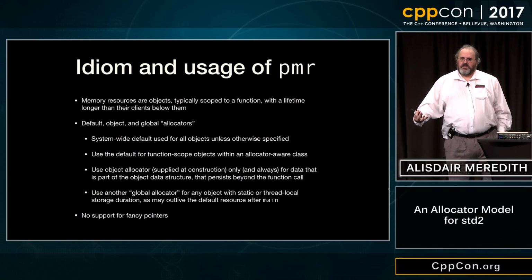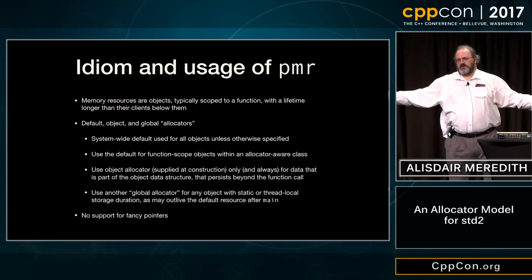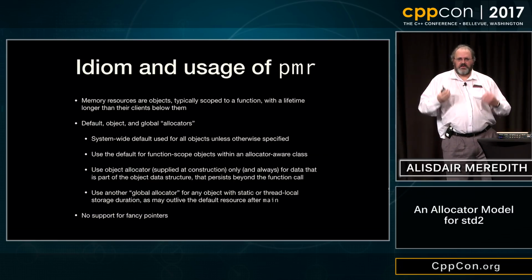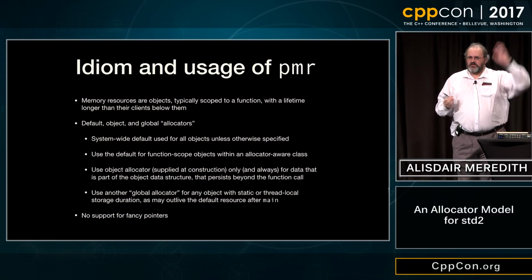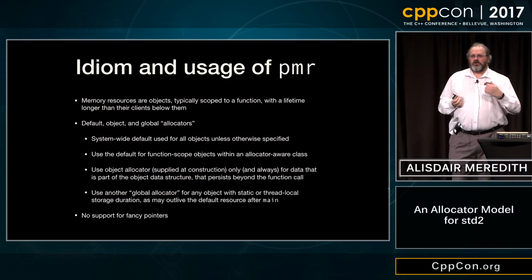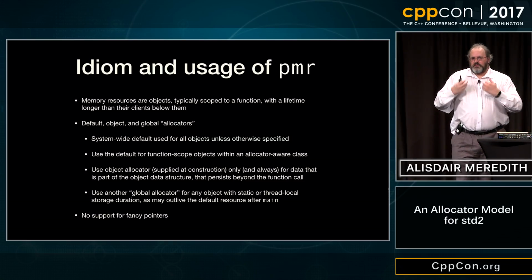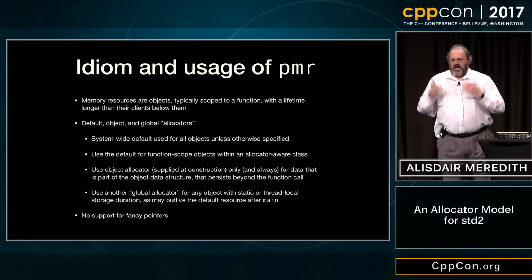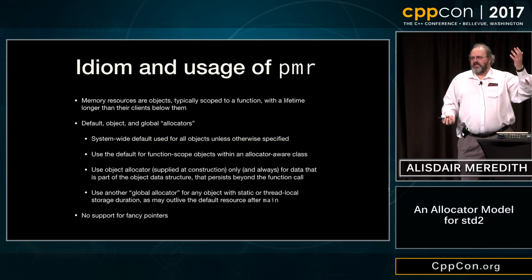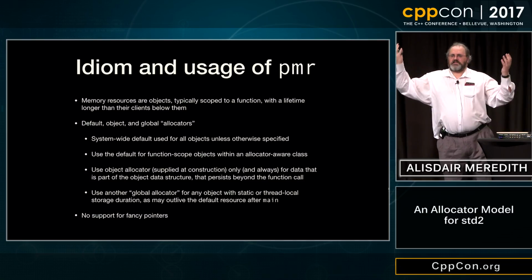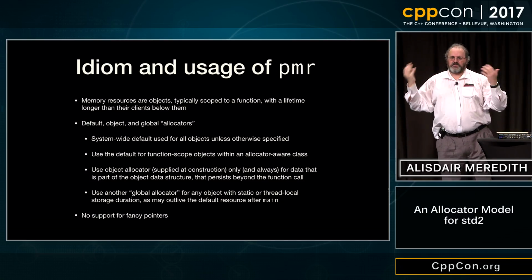The notion of the object allocator matters in the context of I now have an object that's managing memory. I'm owning and managing a data structure. The object allocator is the allocator I'm going to use to allocate nodes, allocate buffers, things that are going to persist beyond a member function call. And the idiom is, if someone invokes a member function, and I have to ask the question, which allocator should I use? I've got the default allocator, or I've got the object allocator, because I know which allocator my object's using.